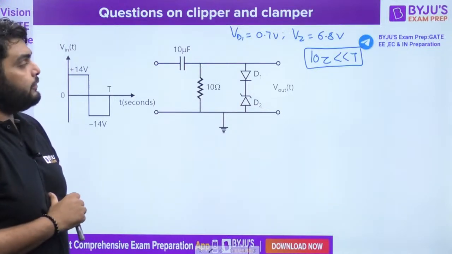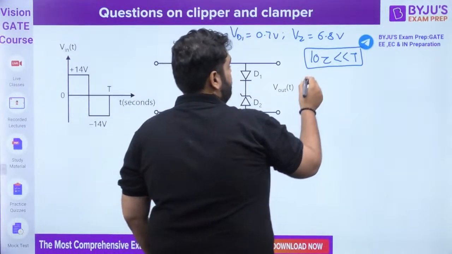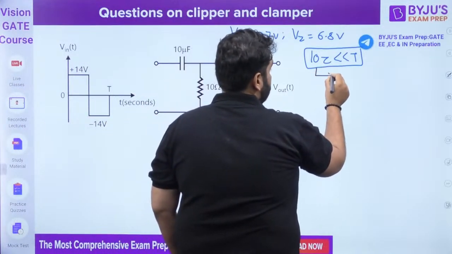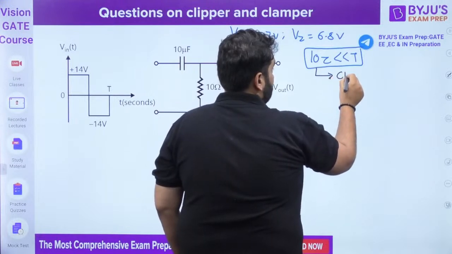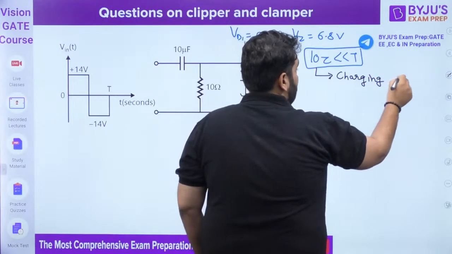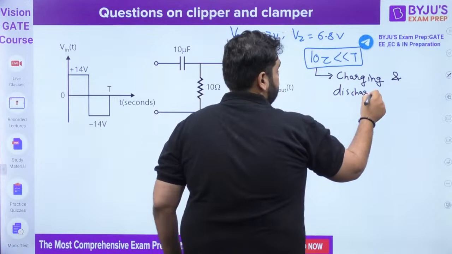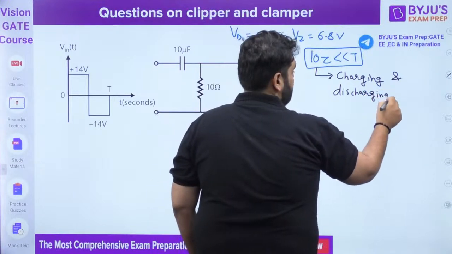Ten times tau is very much less than T. Now here, see one point very carefully. This line means that charging and discharging of the capacitor is fast.